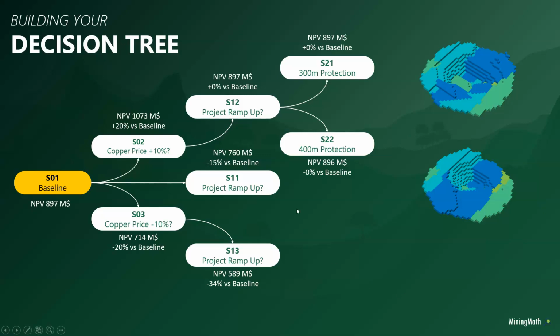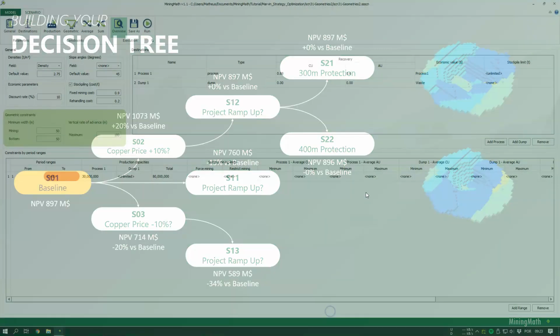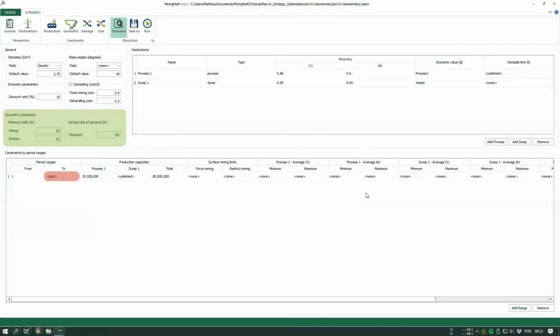But here we can see that the mining sequence is changing accordingly to preserve value. The project assumption has changed. This scenario is more constrained than this one, but the mining sequence has changed slightly to preserve as much value as the baseline and as much value as this case as well. So these are the sort of opportunities you can assess.